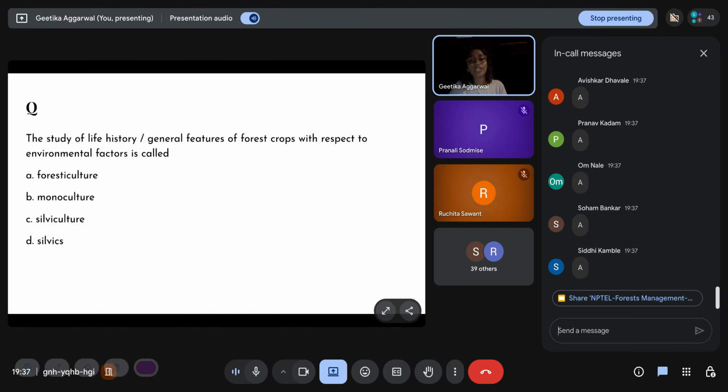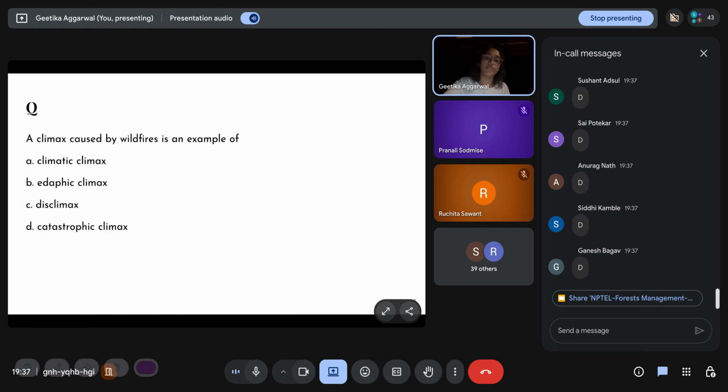Foresticulture, monoculture, silviculture, or silvics. So, what is the study of life history of forest crops? Very good. The study of forest crops is actually silvics. Silvics is what goes behind silviculture.